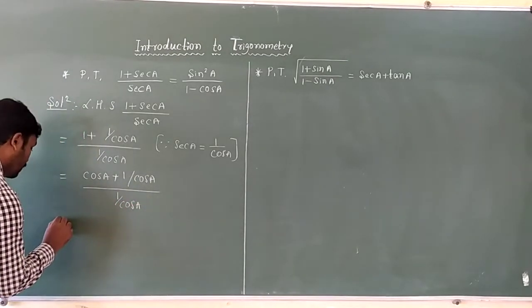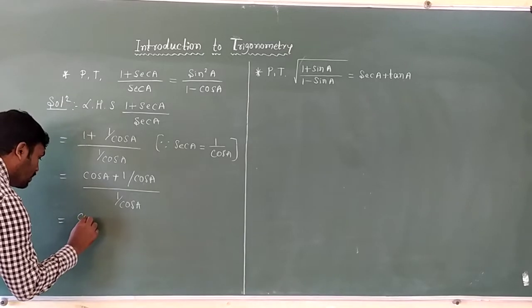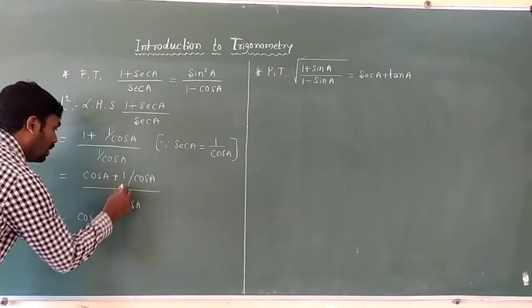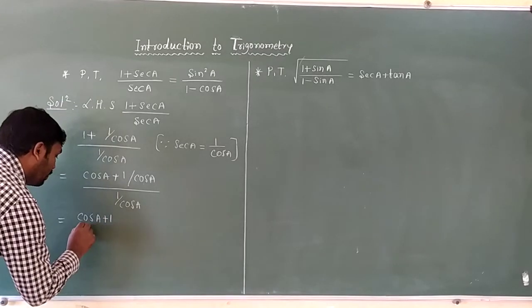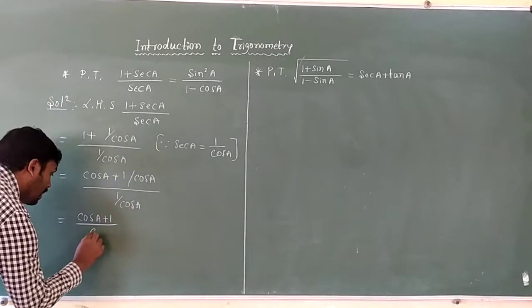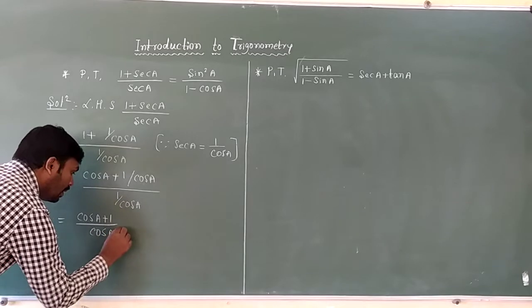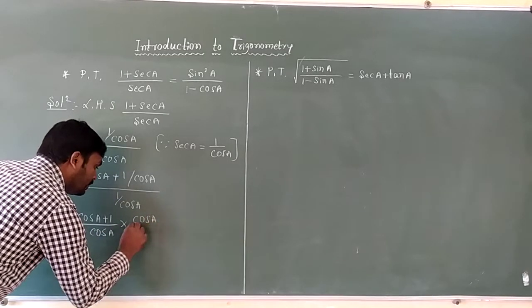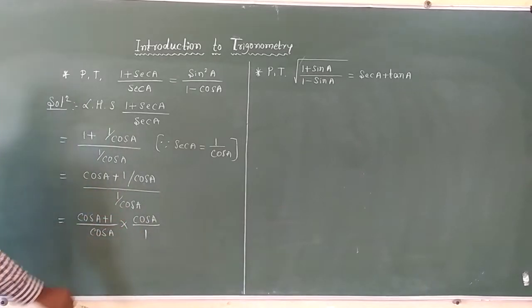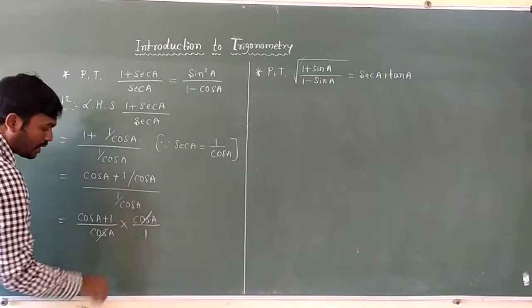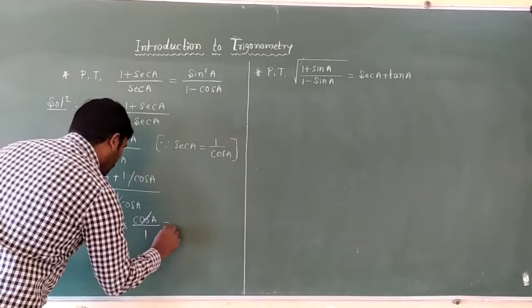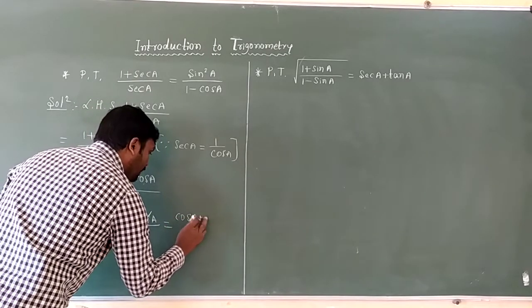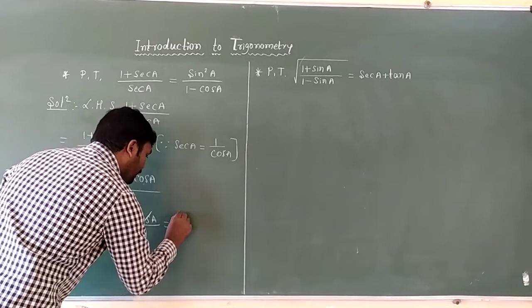So this is equal to (cos a plus 1) divided by cos a, into cos a by 1. So here cos a cancels. So this is equal to cos a plus 1, or 1 plus cos a.